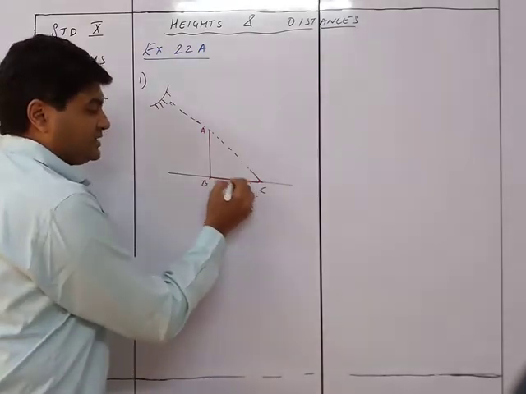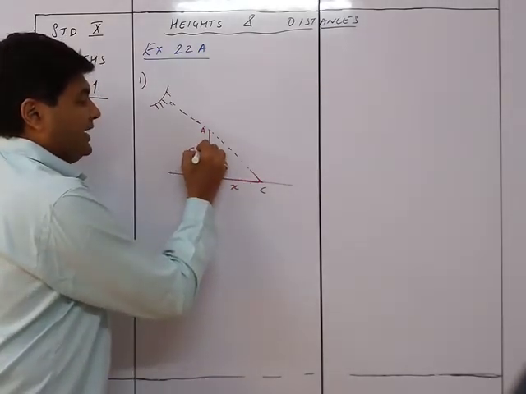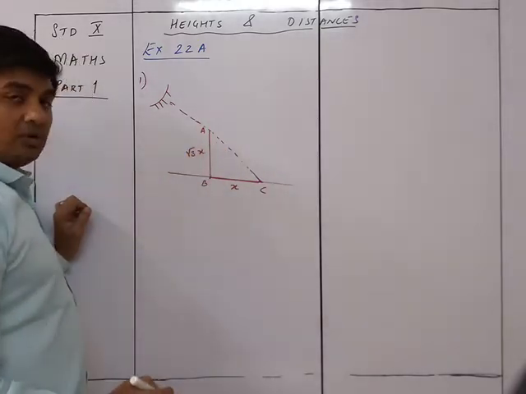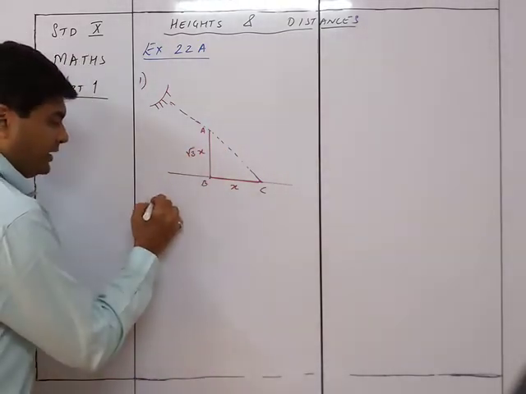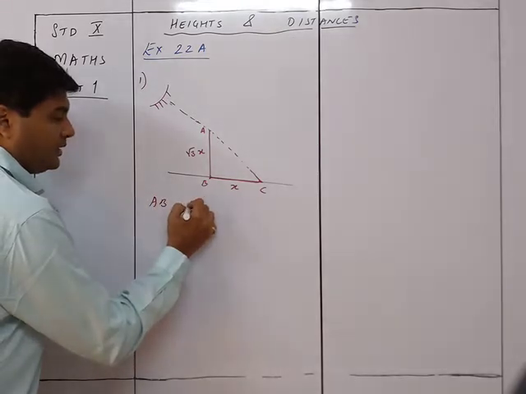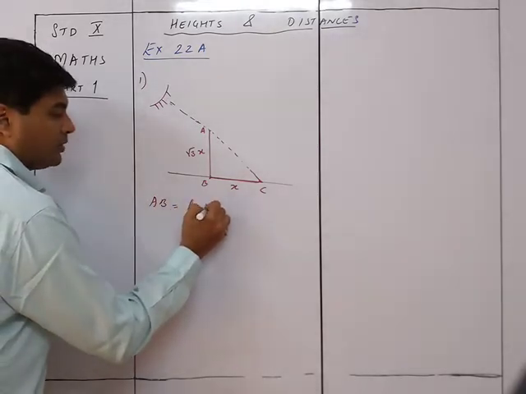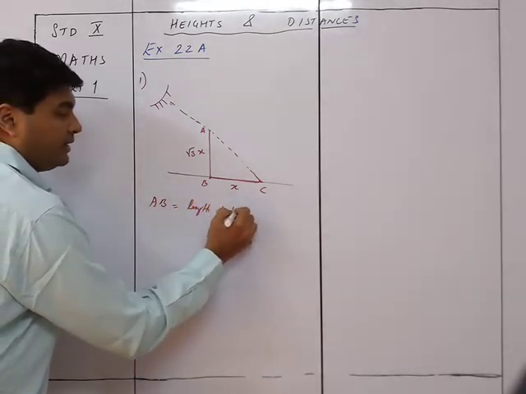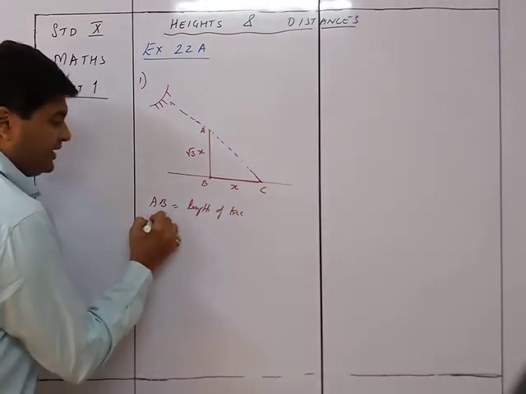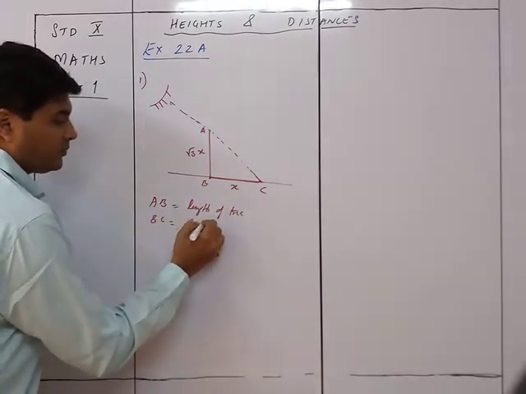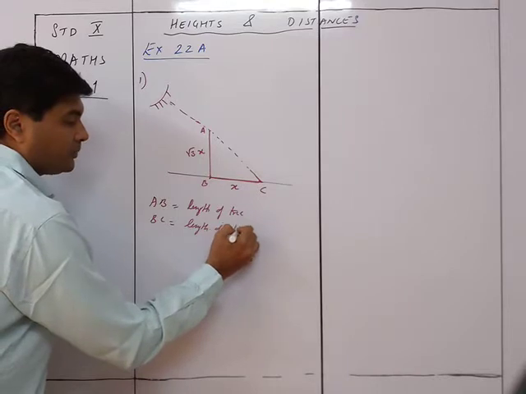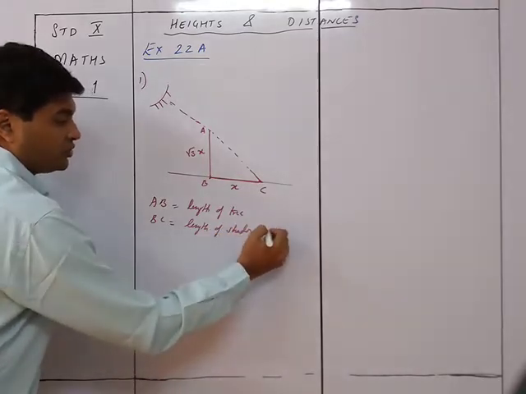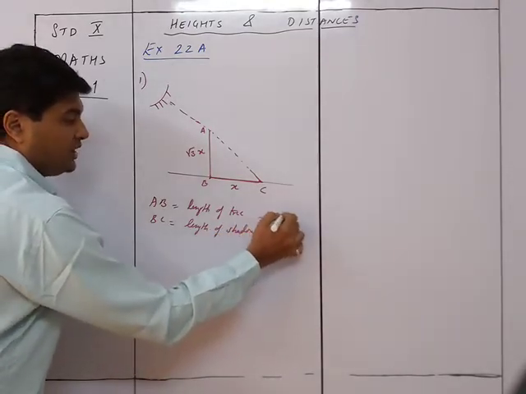If this is x, this is √3x. So AB is equal to the length of the tree, BC is equal to the length of the shadow. So this is x and this is √3x.